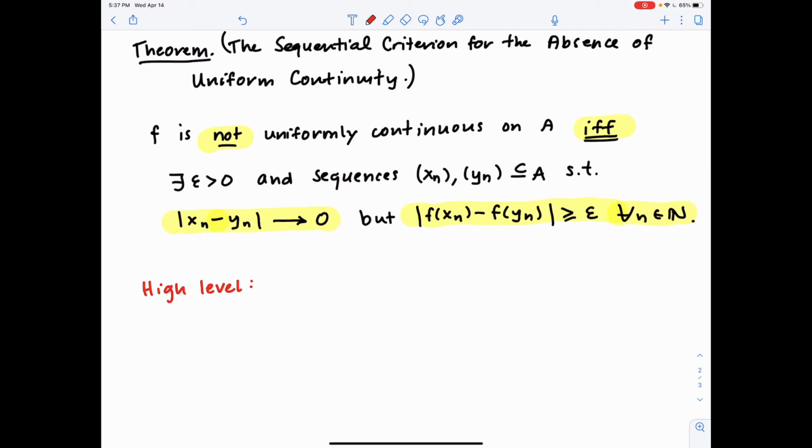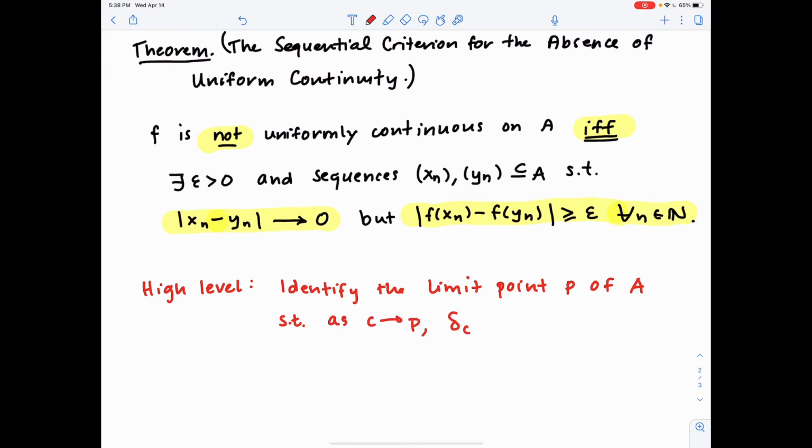So the idea is identify the limit point P of A such that as c goes toward P, delta c is going to go to 0.